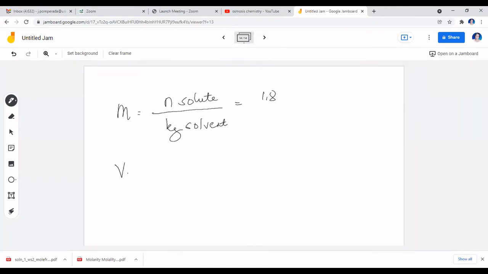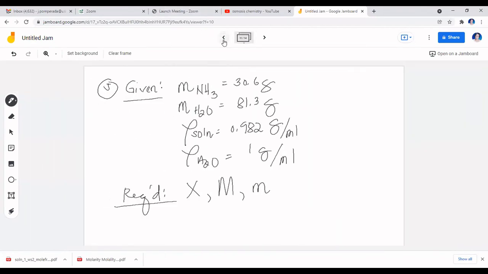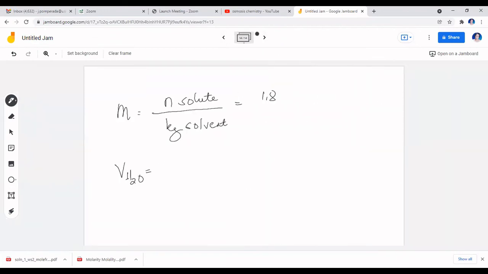Volume of water is equal to its mass, which is 81.3 grams divided by 1 gram per ml, the density of water. This will give us an answer in ml, right?